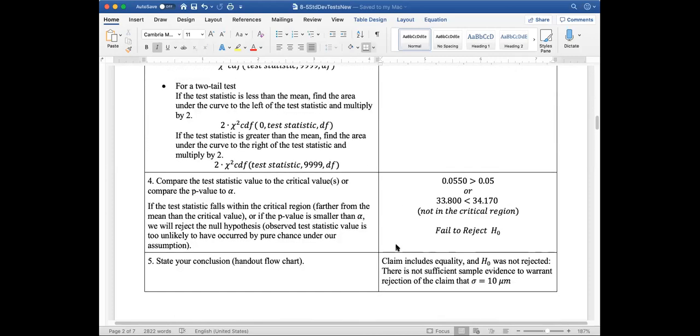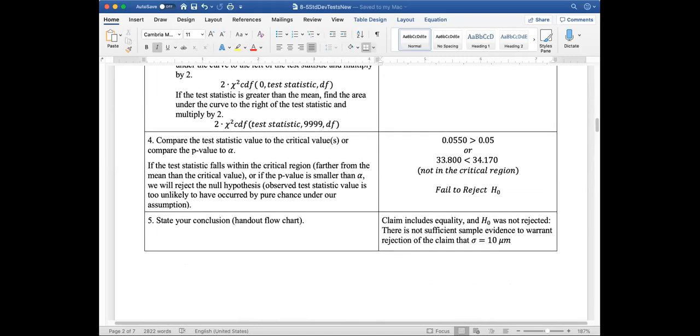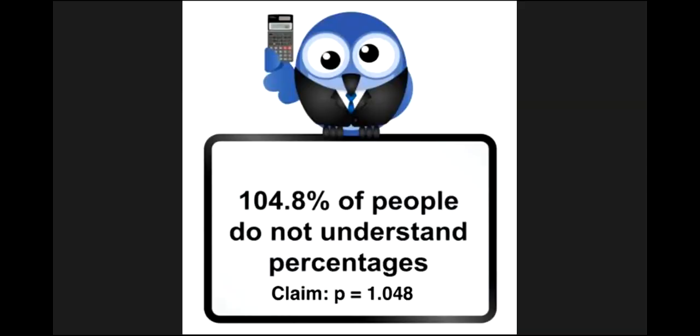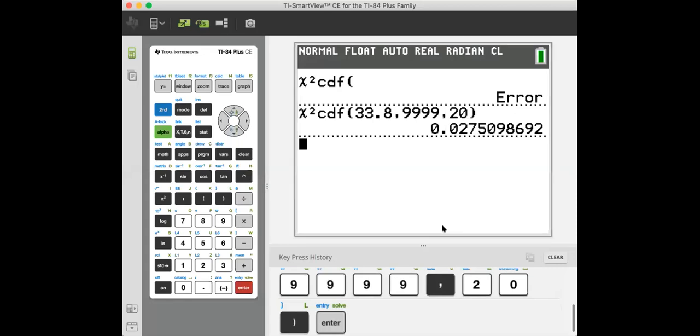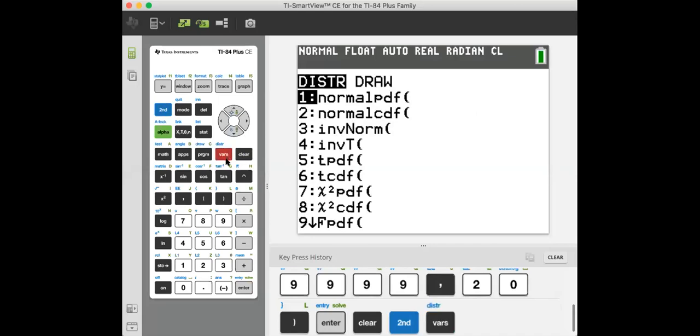So let's take a quick peek at the CDF function. Let me clear this. And remember, it's 2nd VARS, and it is number 8.